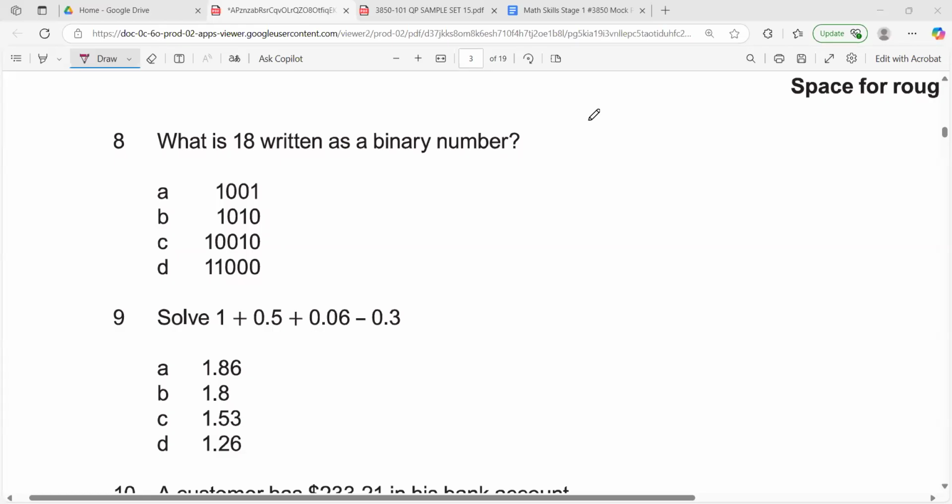Alright, so. What is 18 written as a binary number? So all we're doing is just dividing 18 by 2. We put the remainder. The remainders will be our answer, right?